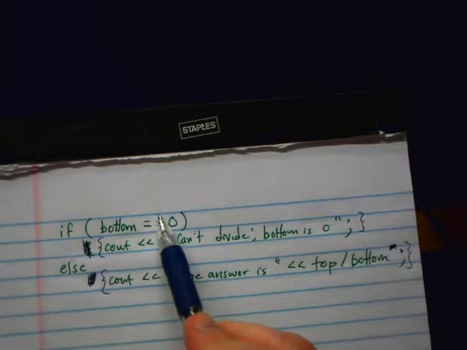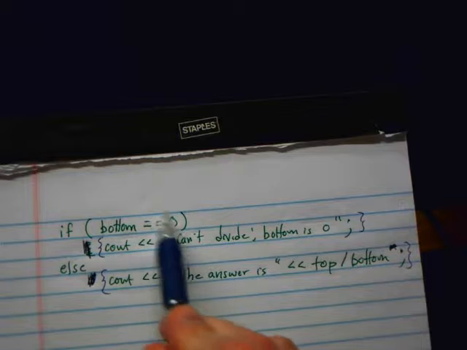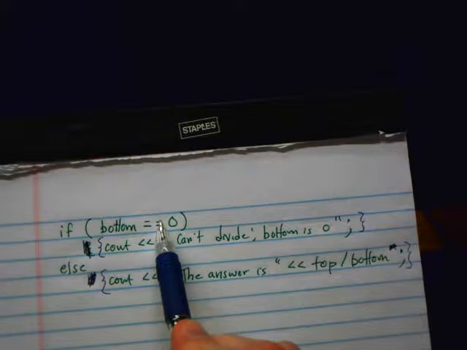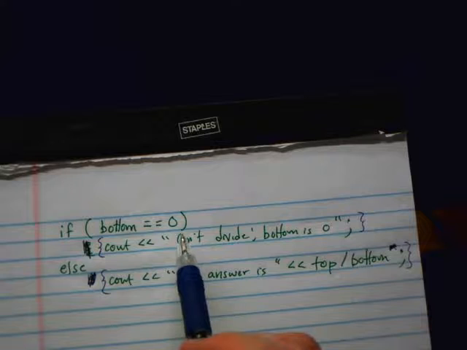I want a different symbol to test to see if things are equal, and they chose 2 equal signs. And this is a very, very easy mistake to make when you write an if statement. It's very easy to put 1 equal sign because that's what we're so used to doing all the time. And it'll work, but it won't give you what you want, is the problem.